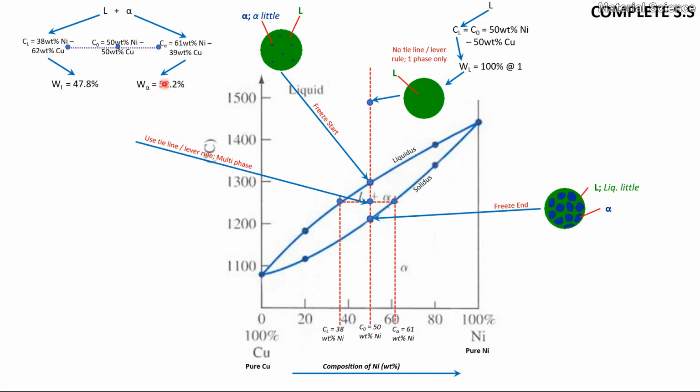Likewise, W alpha is 50 minus 38 divided by 61 minus 38. So this is the microstructure for this region, liquid plus alpha.